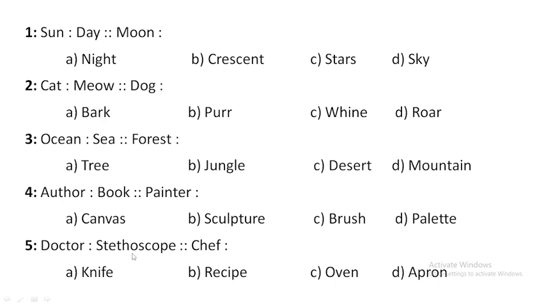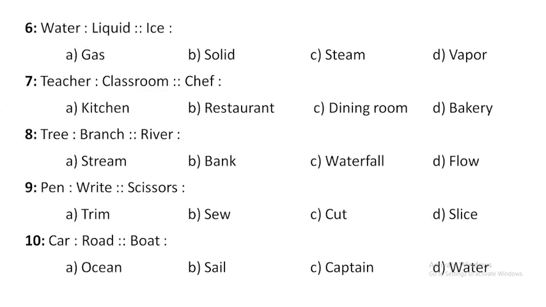So like that, you have to find out the right option for all these five questions, and you have to write down and check it in the next slide. Take 5 minutes time and then pause this video and write answers and check it.